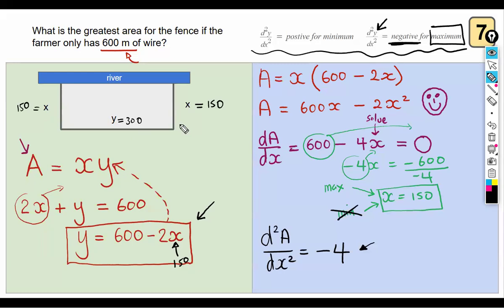So the farmer now knows how to arrange his fence. That particular arrangement will give you the maximum area. No other arrangement will give you a maximum area in terms of it being a rectangle. Now, like I said, this is the easiest possible question you can get in CXC with applying differentiation.